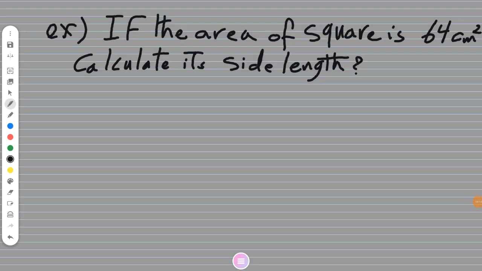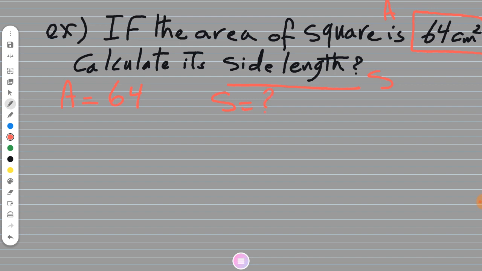If the area of a square is 64 square centimeters, calculate the side length of the square. Let's translate. I have the area A, and it needs the side length S. So A equals 64 and S equals question mark, which we want to calculate.